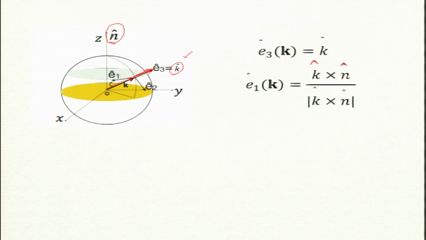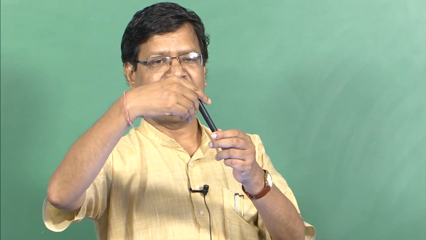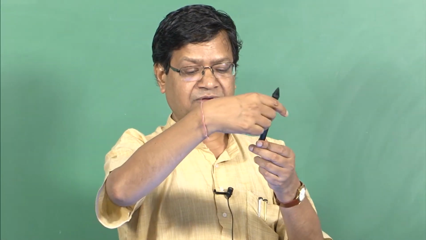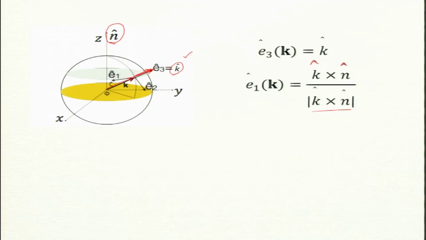Which direction will that be in this figure? k cross n is basically taking this k vector and crossing it towards n cap. So it will be along E1. It is perpendicular to the plane formed by n cap and k cap. So there is a plane here, and E1 is perpendicular to that plane. So this is the first vector.